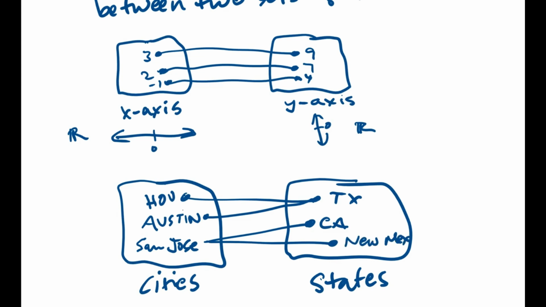Okay, so a relation doesn't care if two of the objects in the first set go to one object in the second, or if one object in the first set goes to two objects in the second set. It doesn't matter.